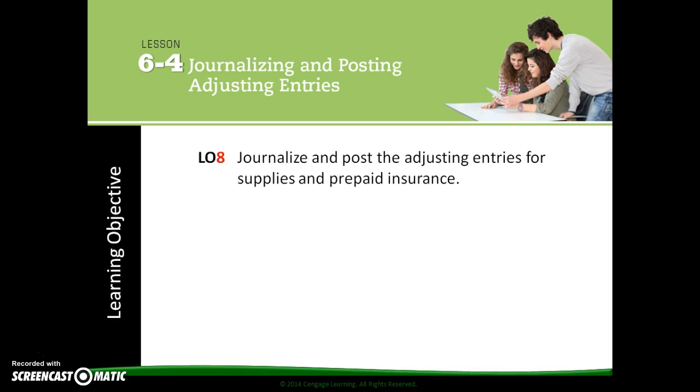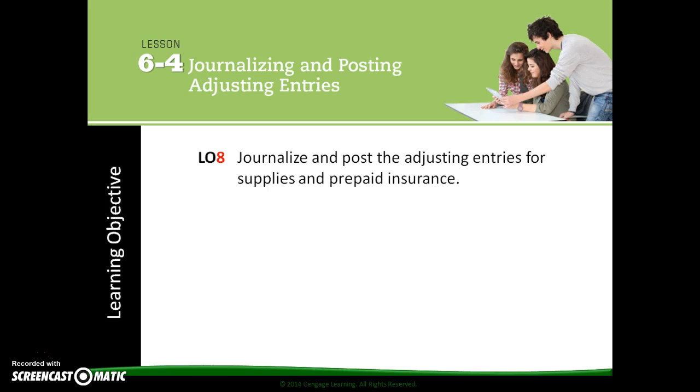This is actually the nice, easy part. You don't have to decide whether you're dealing with a debit or a credit because you already did that on the worksheet. So all that needs to be done at this point is to just record the entry in the general journal.